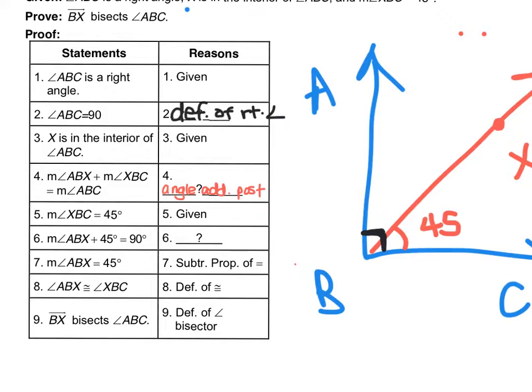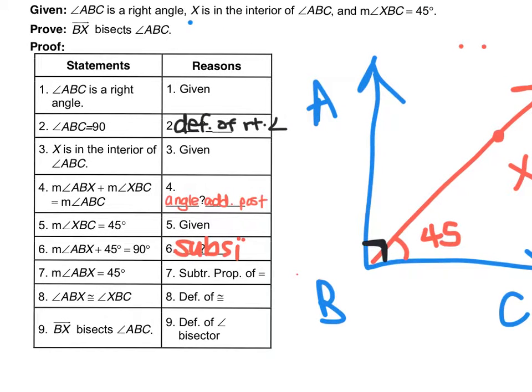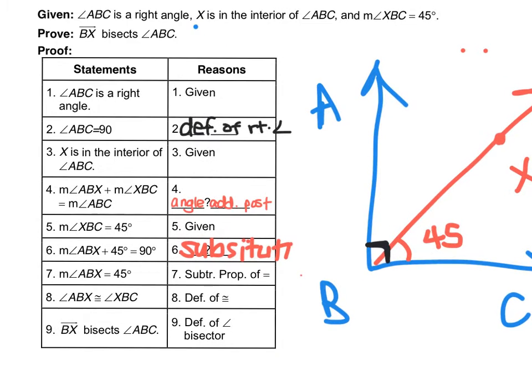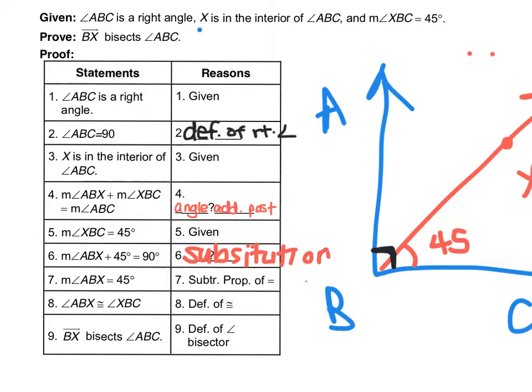5 says given, so angle XBC equals 45, that's given. And then 6 says the measure of angle ABX plus 45 equals 90. Substitution, we took XBC and replaced it with 45. And then the rest of it is given.